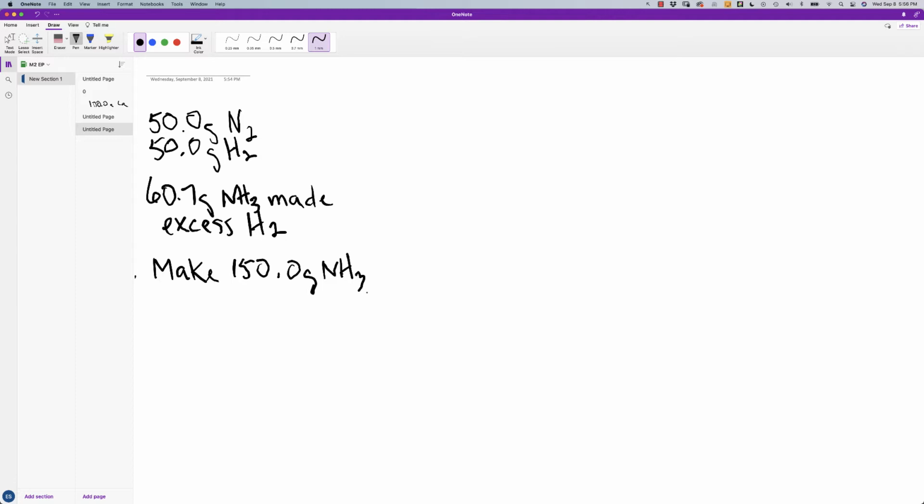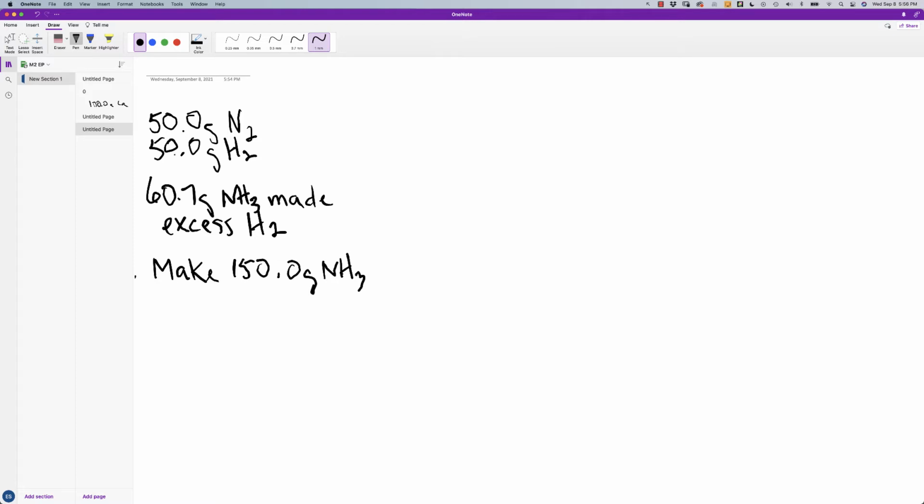Okay, so again, I'll do both ways. We'll start with the ratio, and then we'll do finding the common multiple. All right, so common sense here first. It says we have excess hydrogen.